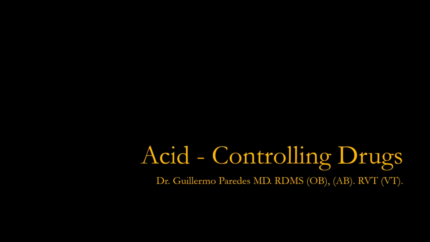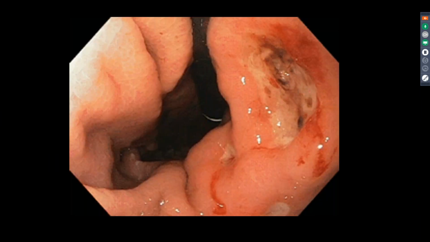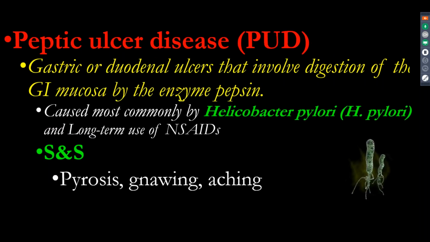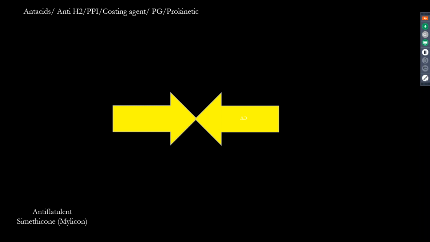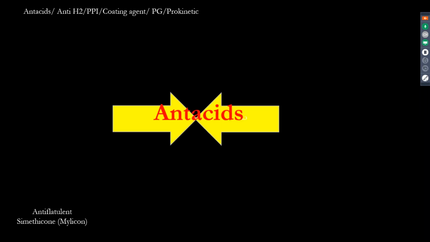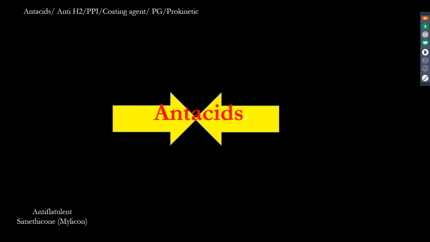All right, so let's talk about the acid control drugs, and I'm going to go straight to the point. We are going to do the classification that you must remember. Please be very careful of this. Antacids are not anti-H2. Some questions are going to mix the definitions.